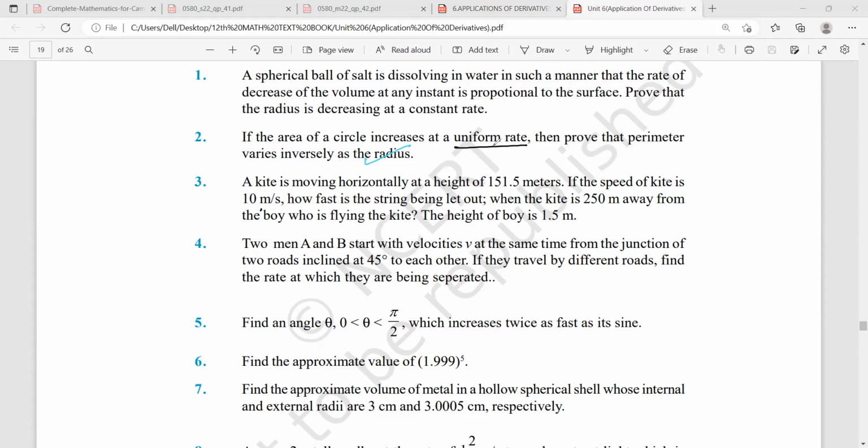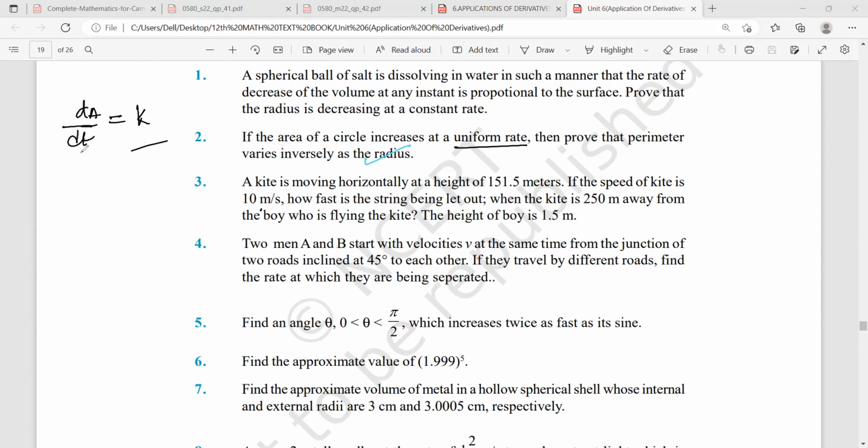So dA by dt, we just take dA by dt is equal to d by dt of pi r square. Over here, dA by dt is what? Given the area increases at a uniform rate means it is equal to k, a constant.